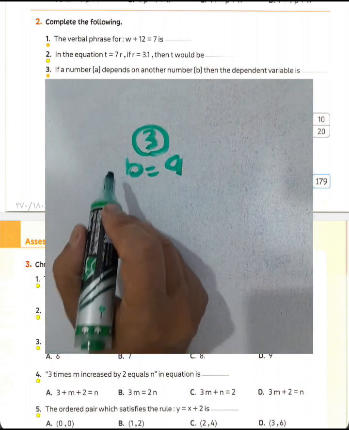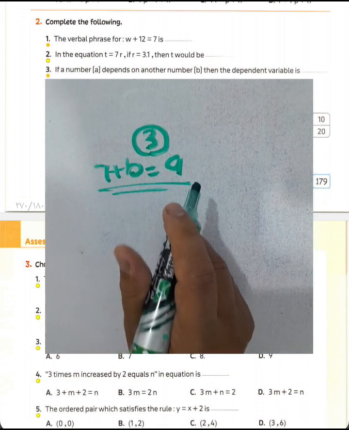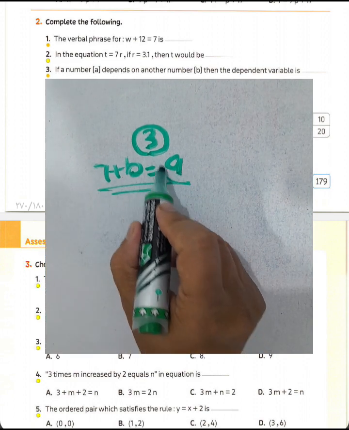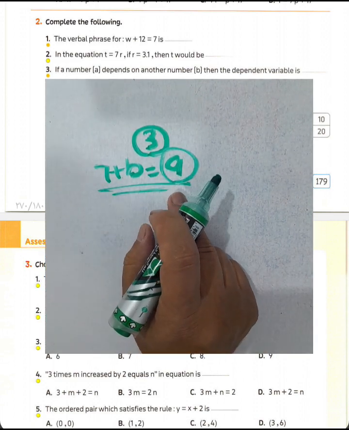A equals B plus any number, such as 7. In this example, A equals B plus 7, then we call A the dependent.